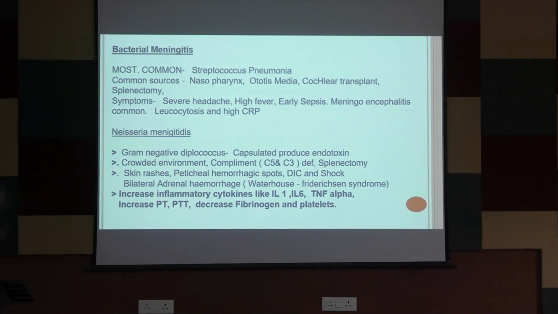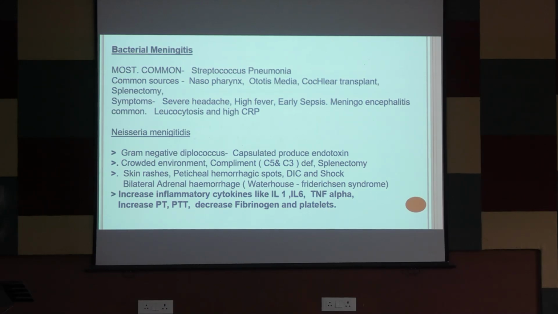But actually, these inflammatory cytokines put the system in a hypercoagulable state. The hypercoagulable state is manifested in the periphery, the peripheral capillaries. The peripheral capillaries are blocked with clots.